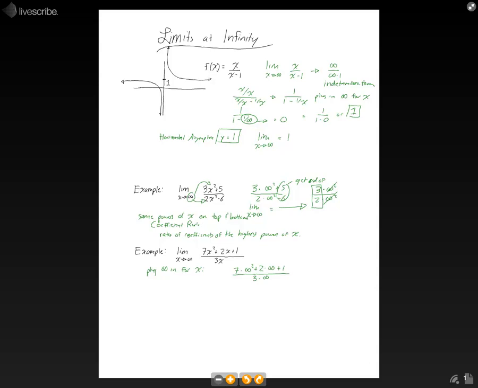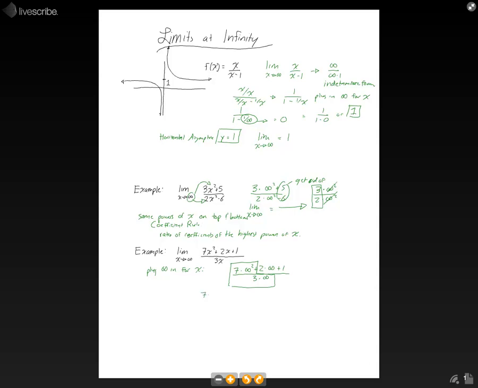Now we're going to have to take a look at the relative sizes of these terms. We've got an infinity squared on the top and an infinity on the bottom. So we're only going to take a look at the highest powers of x.